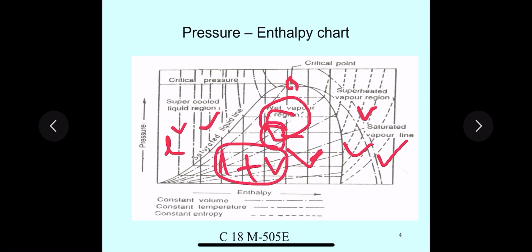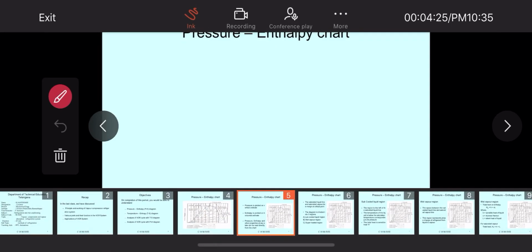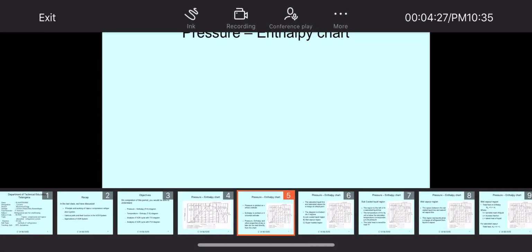Okay, the x-axis shows the enthalpy and the y-axis shows the pressure. Okay, this is the pressure enthalpy chart. You understand? Next, the pressure enthalpy diagram.